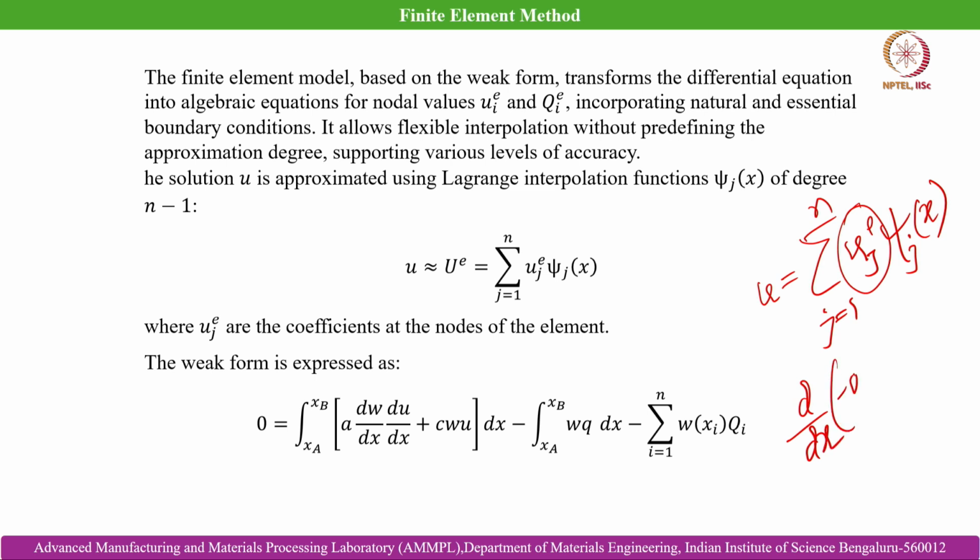For your ease I am writing it again here. You can see we have already discussed in the last class how we arrived at this expression, and we will now proceed from here.